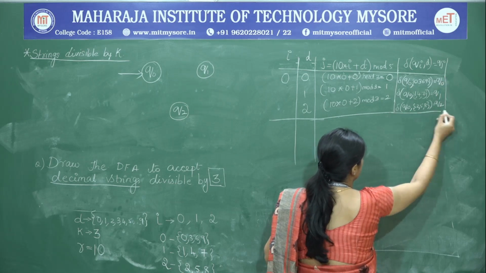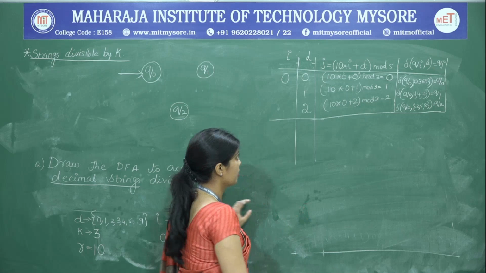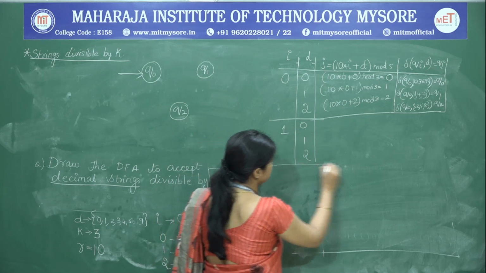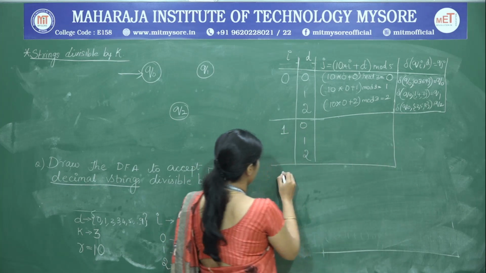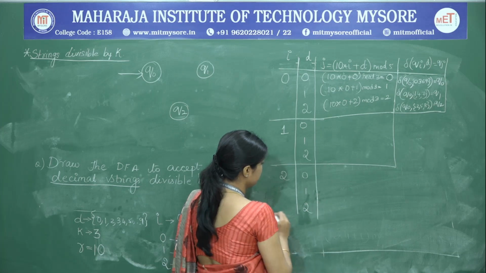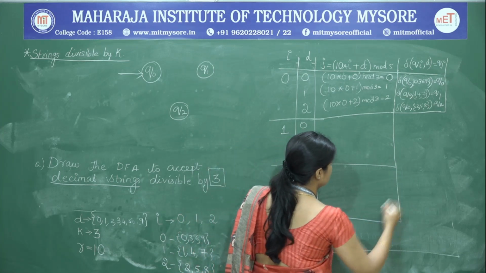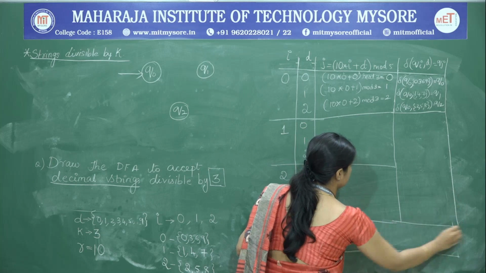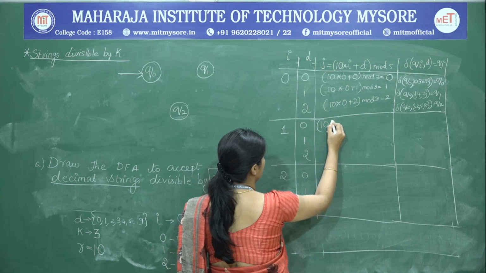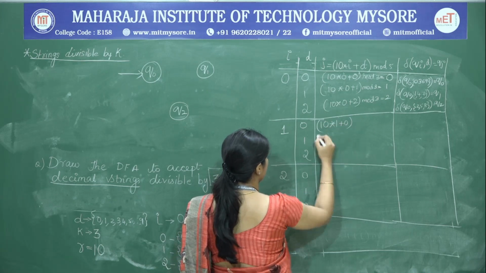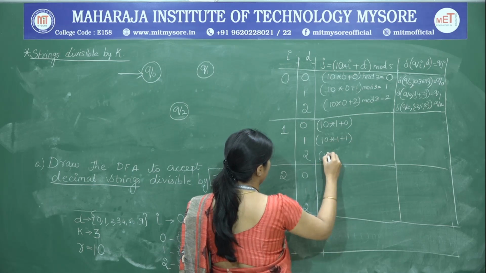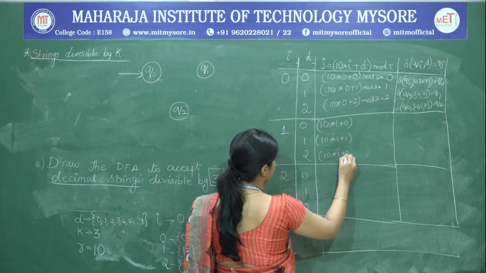Similarly we are going to frame the rest of the transitions. From q1 we again have 0, 1 and 2. From q2 again we have 0, 1 and 2. Next, this is 10 multiplied by 1 plus 0, 10 multiplied by 1 plus 1, and 10 multiplied by 1 plus 2.